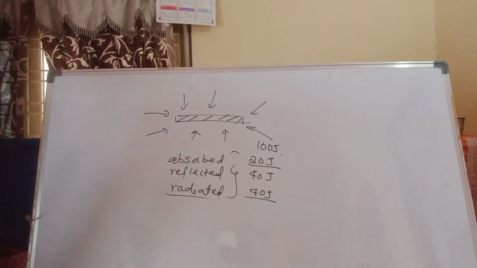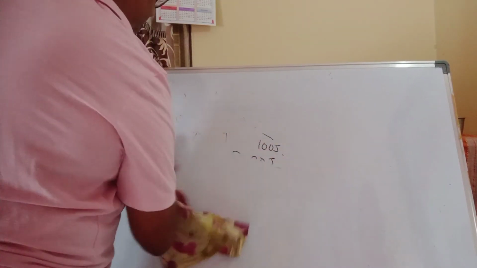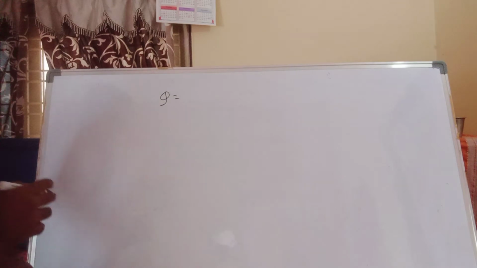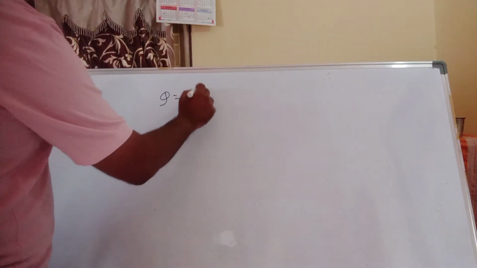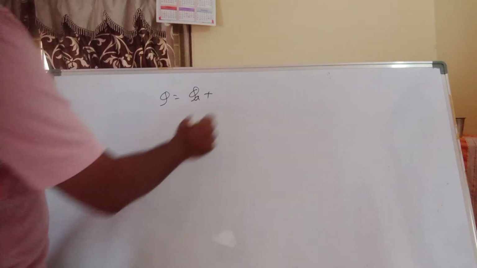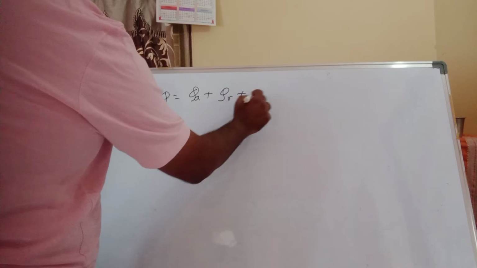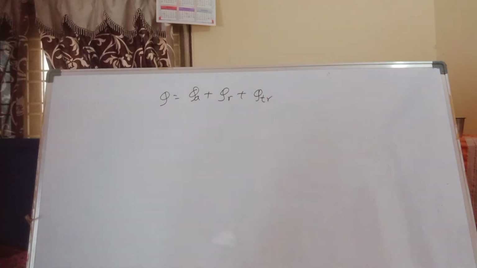Okay. So here we can make a deduction that, let us say, Q is the amount of heat which is supplied. Then some part is used for absorption, some part for reflection, and some part for radiation purpose. Okay.